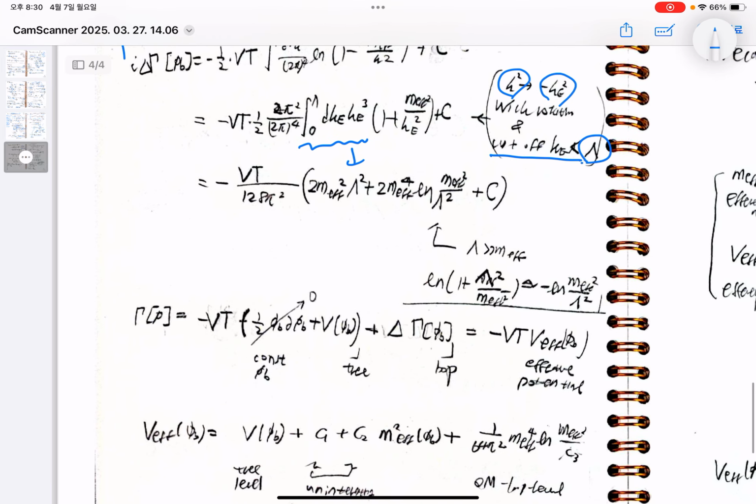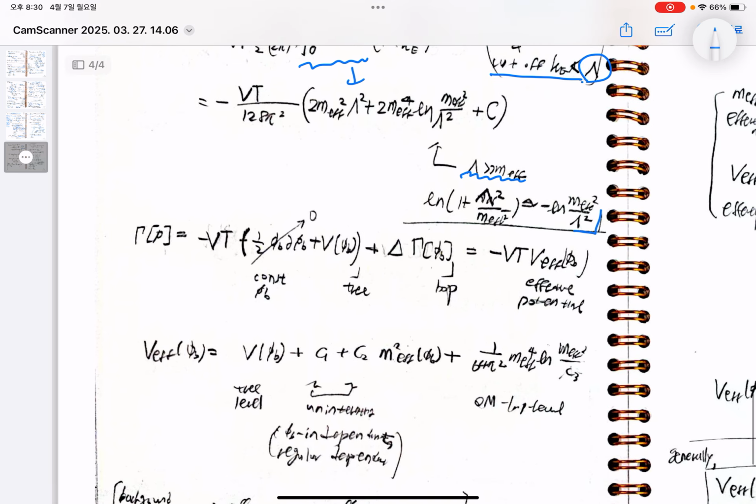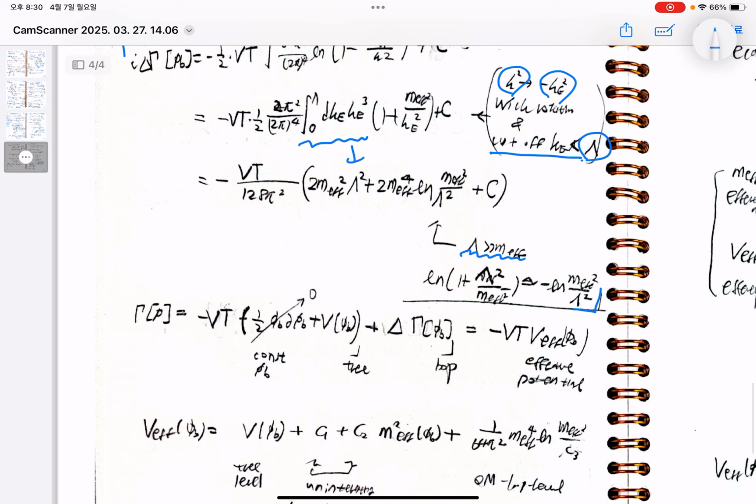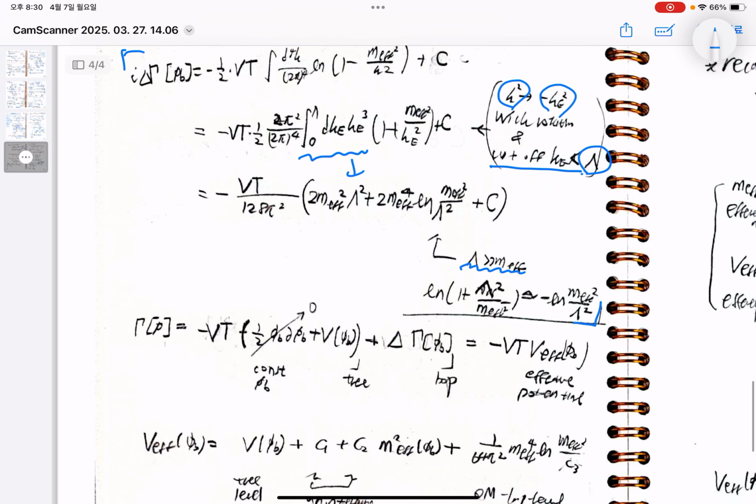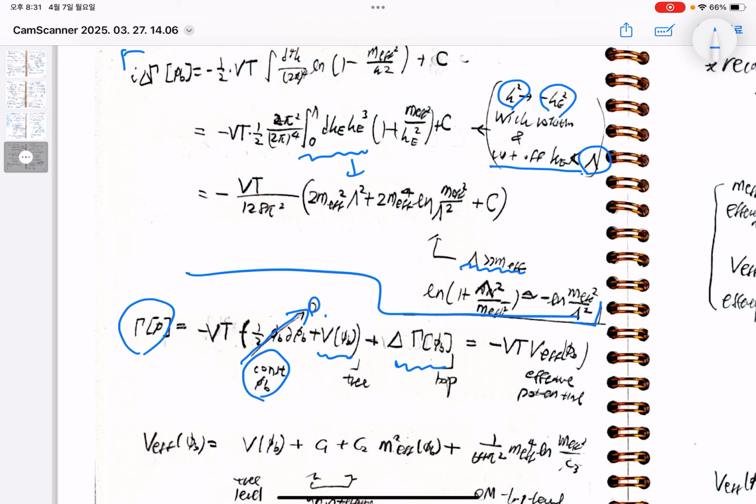And we assume that the cutoff is extremely larger than the effective masses, so we can approximate this with a log like that. Then the total effective action is given by the tree-level term, and since we assume the background is constant in space-time, the kinetic term becomes 0, plus the loop term.